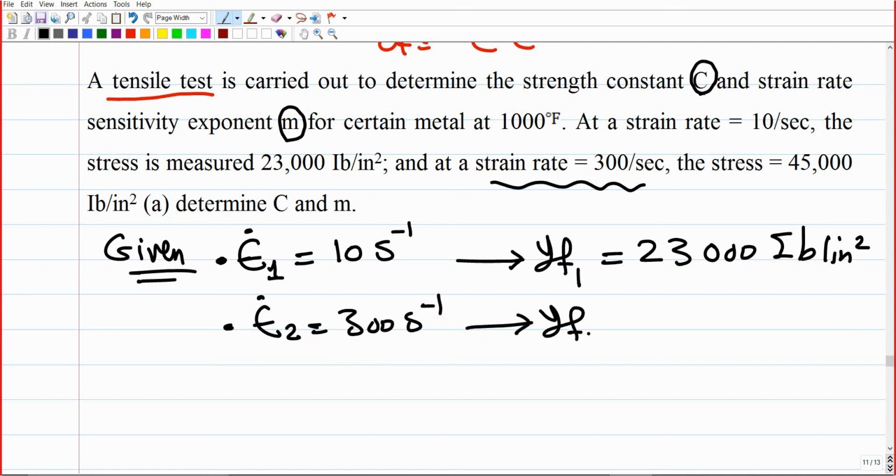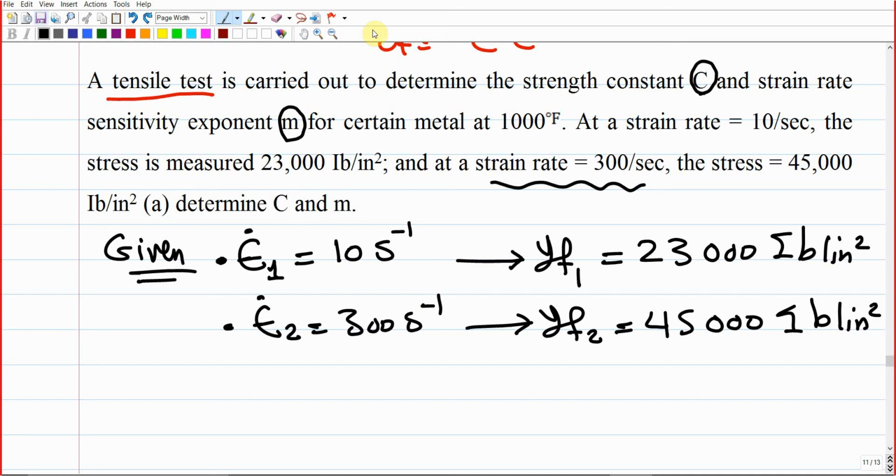We measured the flow stress again and observed that it had increased to 45 pounds per square inch. So the question is, how much is C and how much is M given this data?